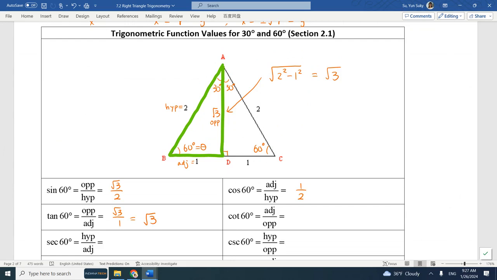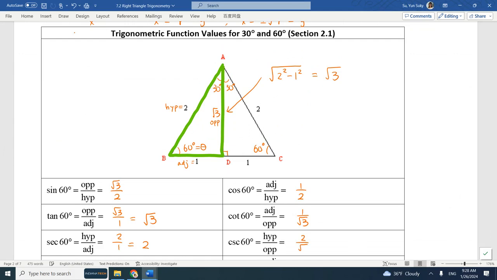Next. Jeremy, how about cotangent 60 degree? Good, the reciprocal of tangent. So 1 over square root of 3. Next, secant 60 degree. 2 over 1, which is 2. Good. Next, cosecant 60 degree.